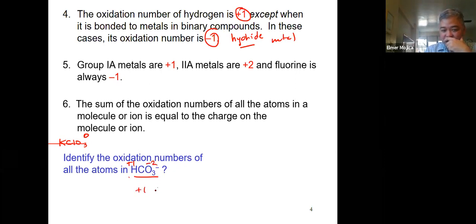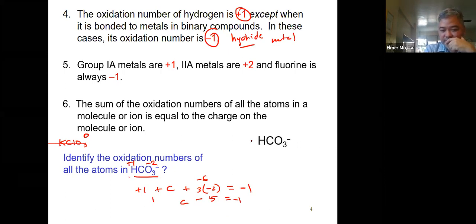You have hydrogen there, +1, oxygen -2. So you have here +1 plus C plus 3 times -2 equals -1. So this is 1, and this is 3 times -2, -6. So you have here -6 plus 1, you have C minus 5 equals -1.